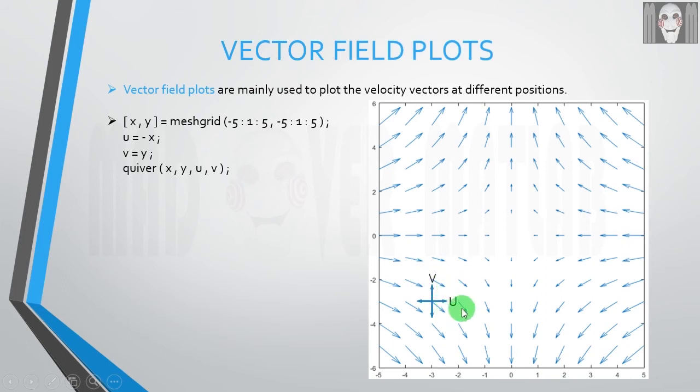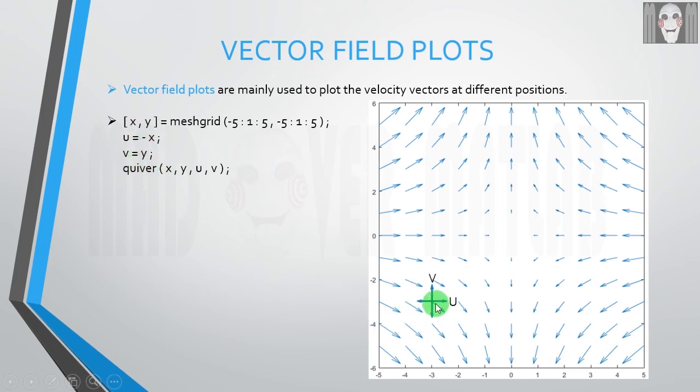Now this u component can be positive or negative, and even the v component can be positive or negative. Now if you see this vector, it has a positive u component and a negative v component. This is a result of these two statements. I have equated the u component to -x and the v component to y.